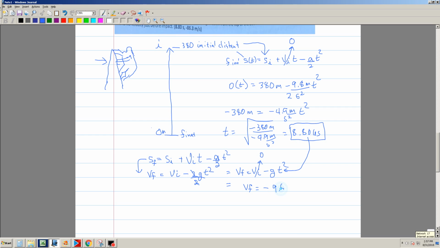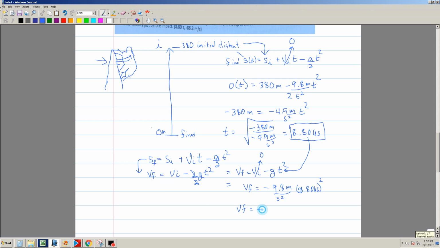Okay, 9.8 meters per second squared, 8.806 seconds squared.